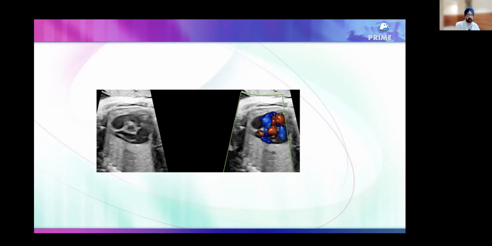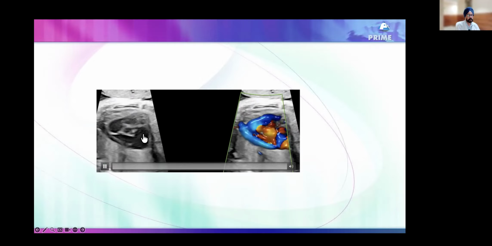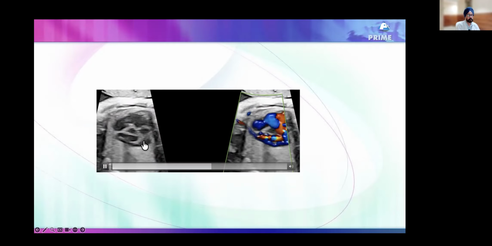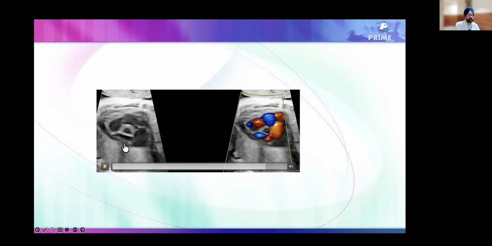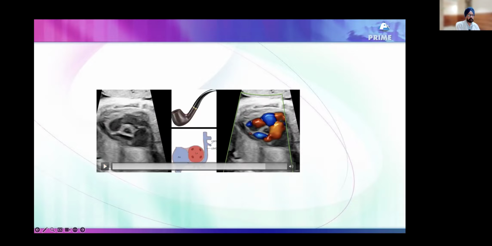So that's how you see the left SVC draining into the dilated coronary sinus and the right atrium. The right atrium and this structure put together make it look like a pipe. That's how it looks.